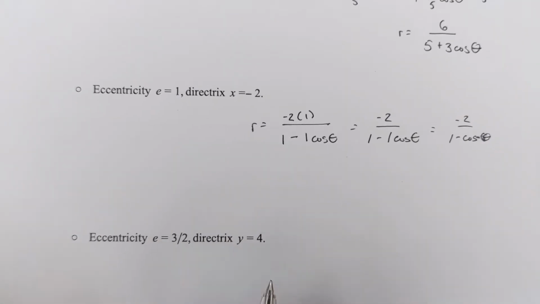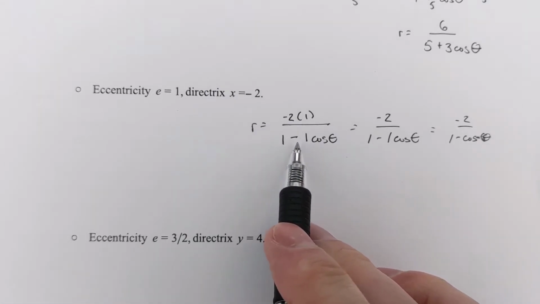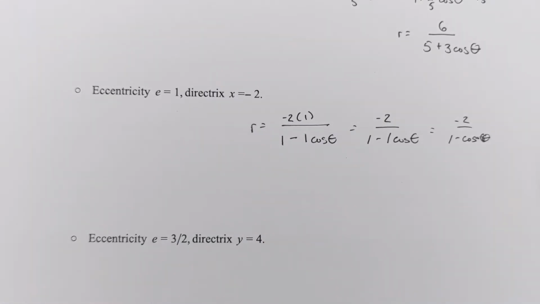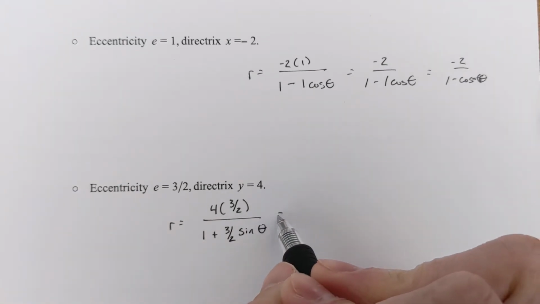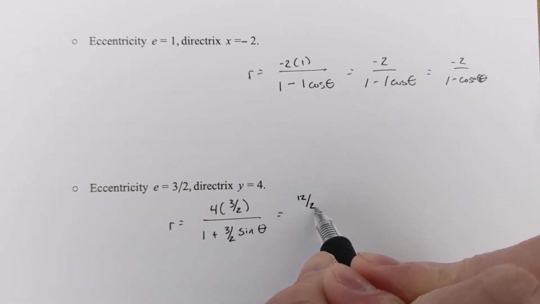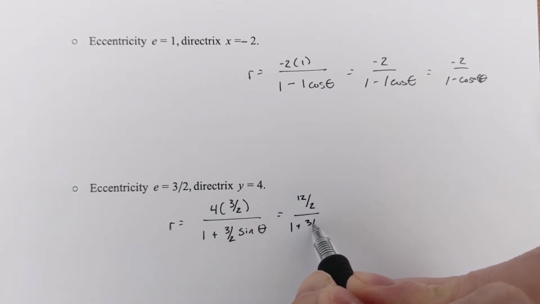Directrix y equals 4. I got a positive y value, which means I'm going to have a plus sign on the bottom. So r equals k times e over 1 plus e sine theta.